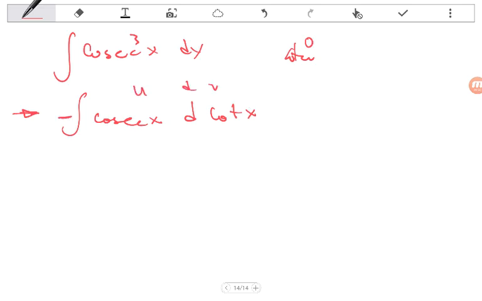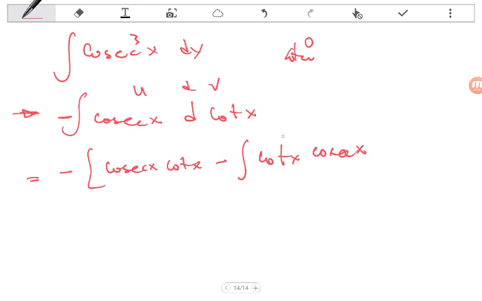I apply by parts, u dv will be minus cosec x cotan x minus integration of v, which is cotan, du, the derivative of cosec, which is cosec cotan, and in negative. So it will be like this. Now I have applied by parts.